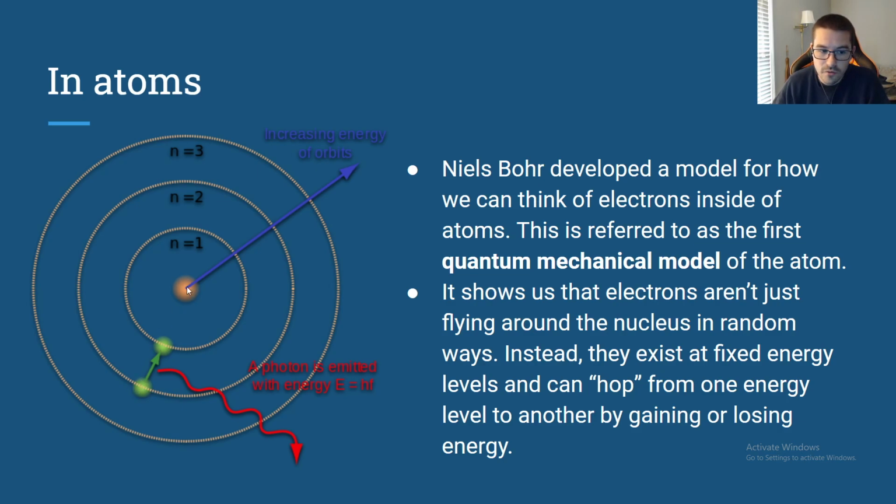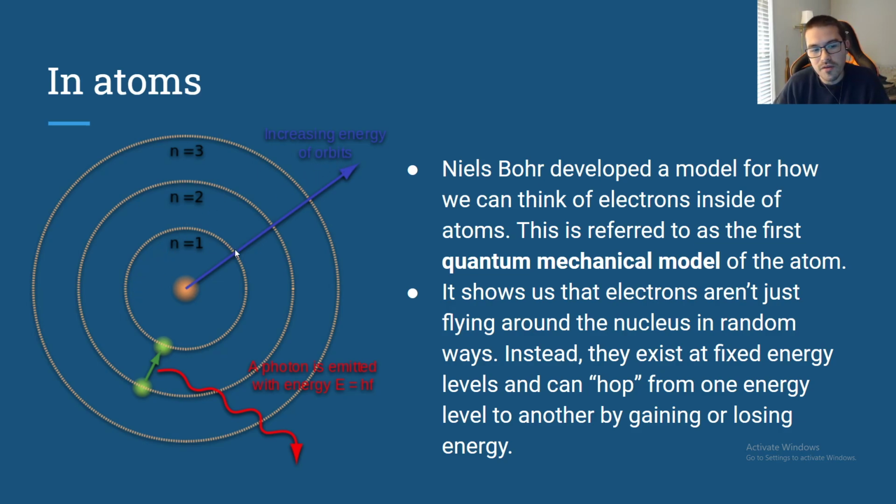Obviously not to scale, because the protons and neutrons are a bit bigger than the electron. So this is just sort of a model. And these yellow rings are referred to as orbits here. I don't like that term. This is not my picture.